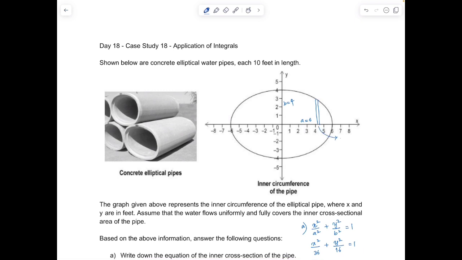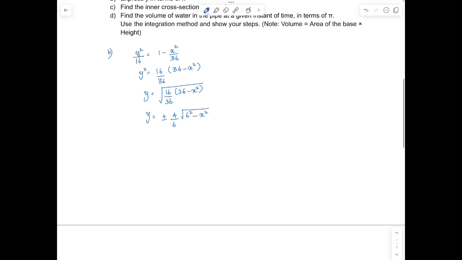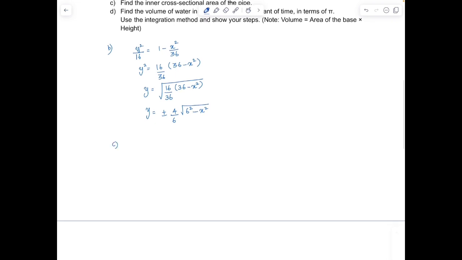This is dx and the height of this slice is y. So the area of the first quadrant is integral y dx, and the limits of the integration become 0 to 6.